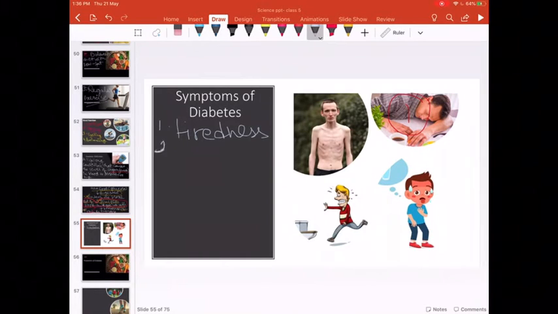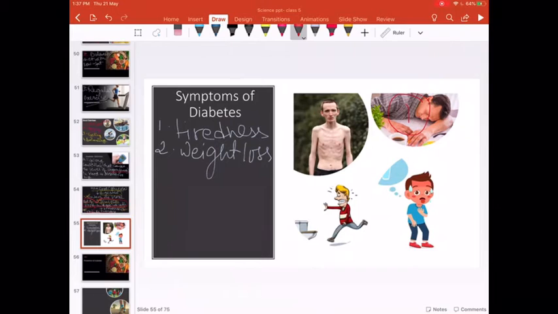Next, weight loss. Definitely that person whose blood is getting slowly deposited with more and more glucose will not like to eat. So without eating properly, the person will definitely show weight loss.